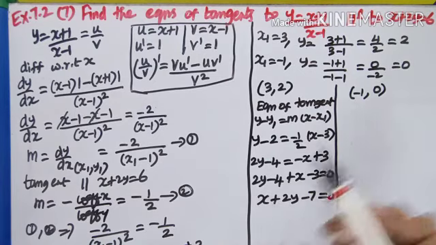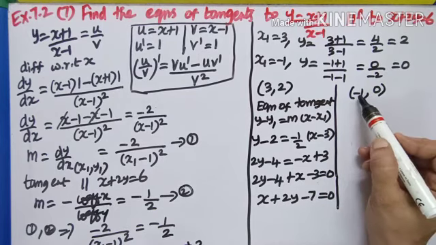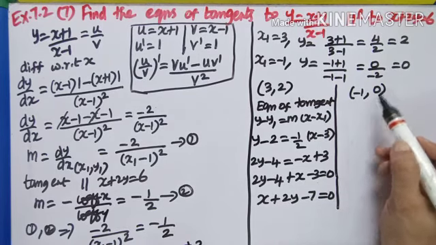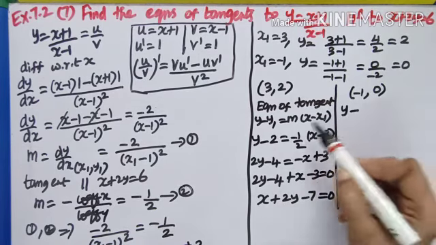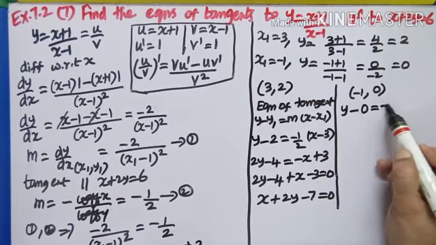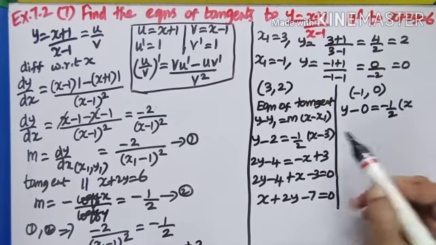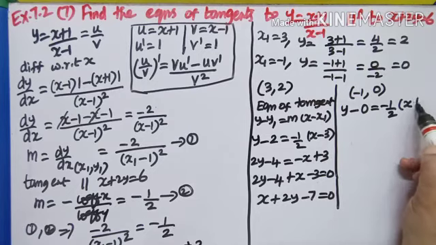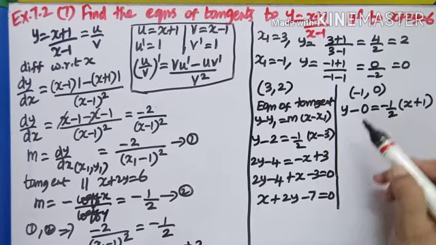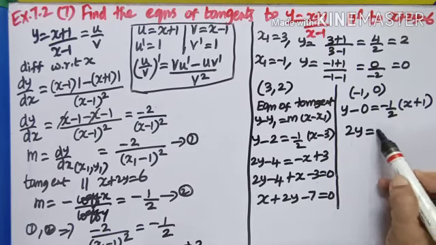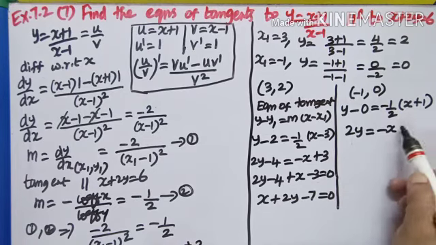Similarly, let us substitute this point. This is x1 and this is y1. y minus y1 is y minus 0. m is minus 1 by 2. x minus of minus 1 is x plus 1. Cross multiplying, 2y equals minus x minus 1.